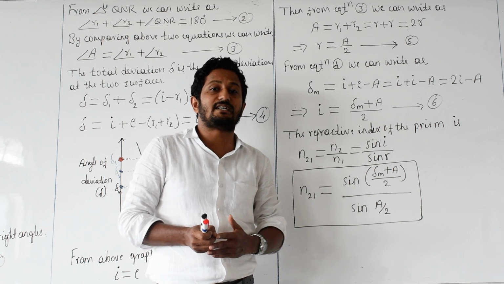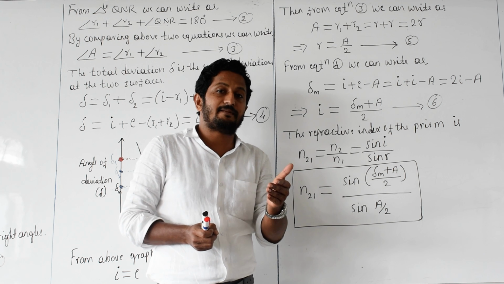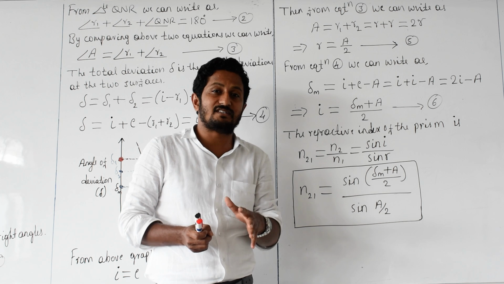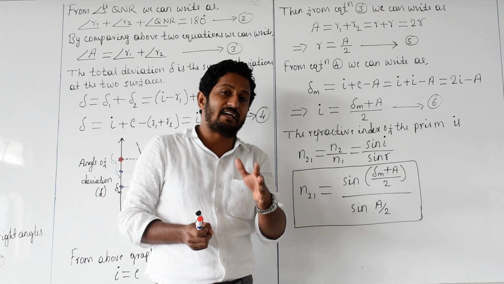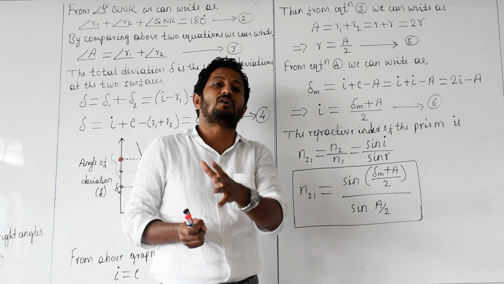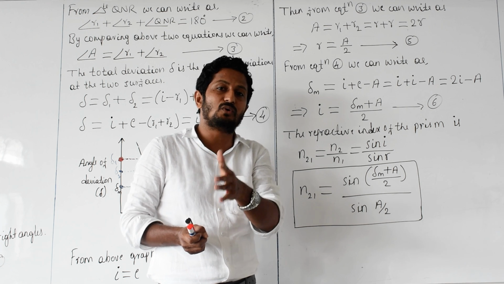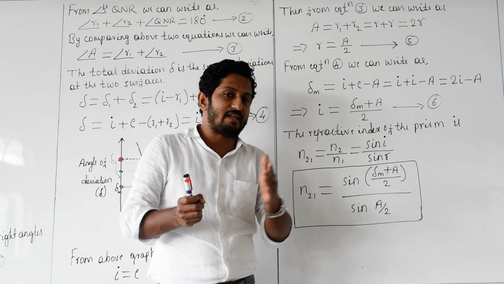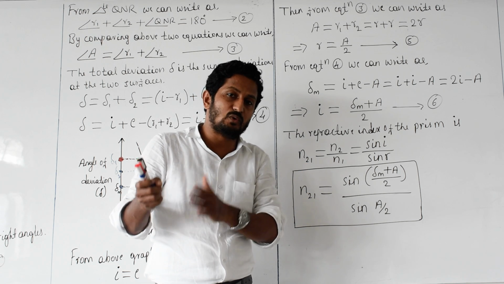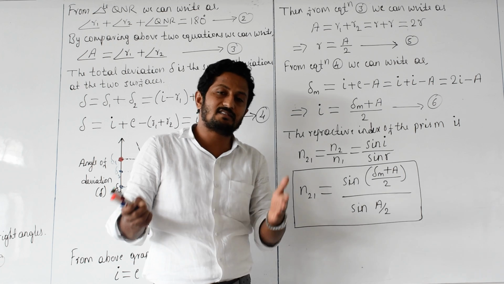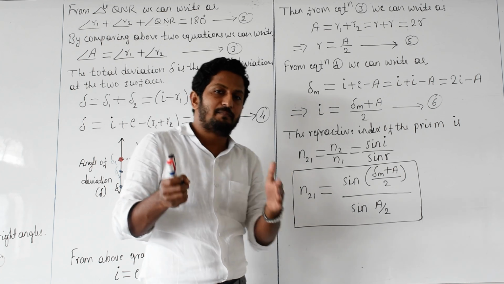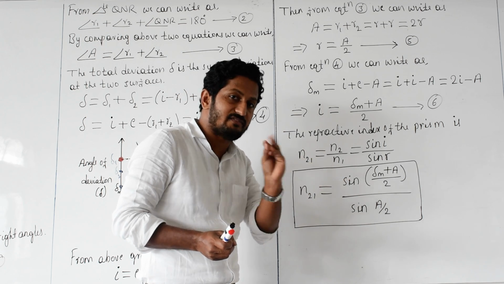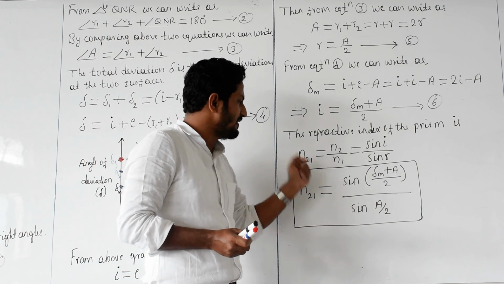Snell's law tells that the ratio of the sine of the angle of incidence to the sine of the angle of refraction is constant, or else it is equal to n2 by n1. Or n1 sin I is equal to n2 sin R. This is Snell's law. With the help of this law only, now we are going to find the refractive index of the prism. See here, n21.